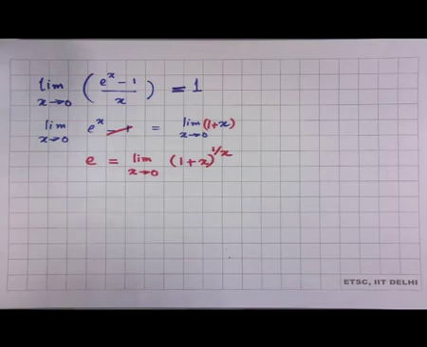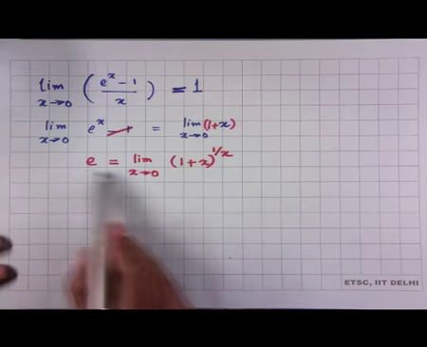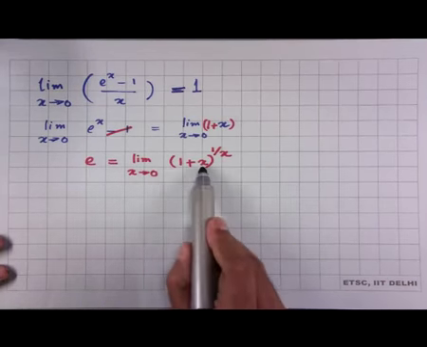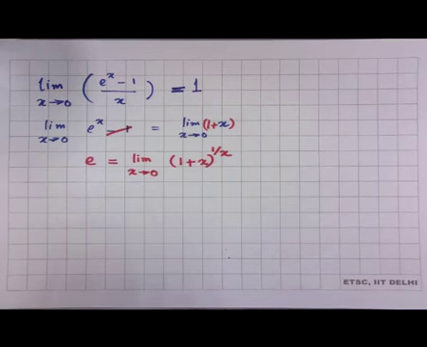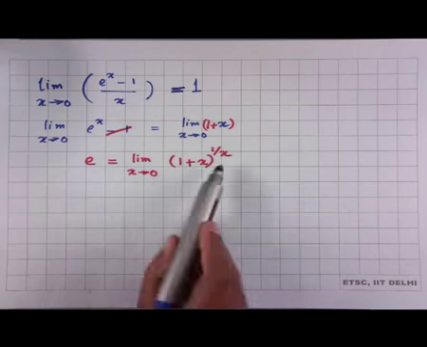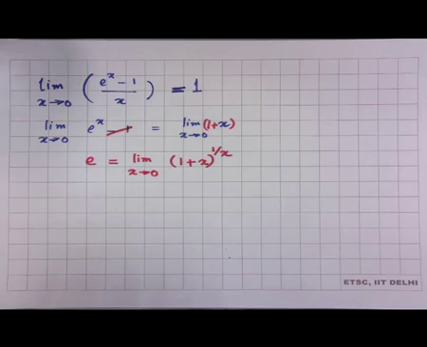So, this is a standard definition of E. A standard definition of E is that E is the limit as x tends to 0 of 1 plus x whole to the power 1 by x. You make x smaller and smaller, keep computing this, and you will converge towards the value of E. The answer for E of course is 2.71828182848 whatever it is.